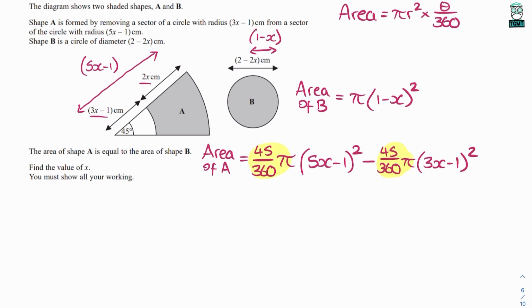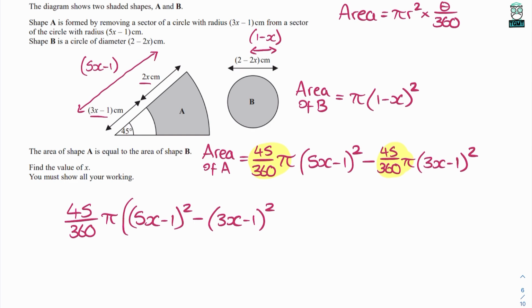You could leave them in separately if you want, but we can say that 45 over 360 pi multiplied by, and let's think about how we'd write this, we'd have to put another set of brackets in because we have 5x minus 1 in brackets squared, take away the 3x minus 1 in brackets squared, and we've got to multiply all of that by 45 pi over 360.